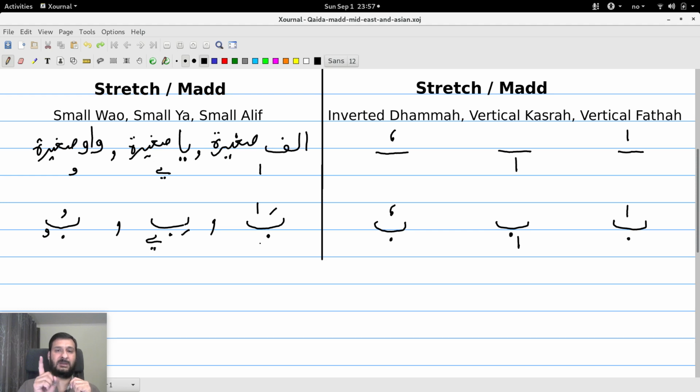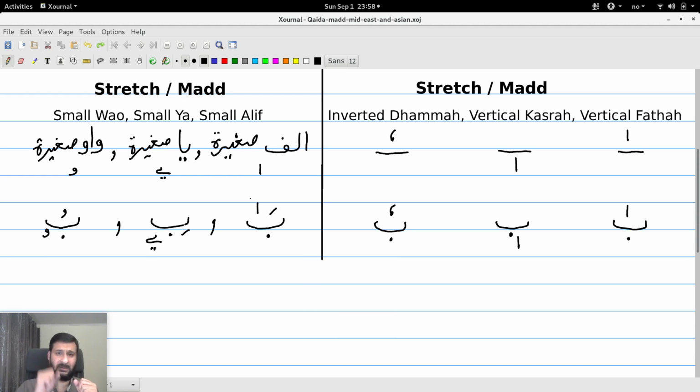Ta Fatha Ta. But when you have a stretch notification or indicator here, then you stretch it twice the haraka, which is Ba Fatha Alif Sagheera Ba, opening and closing.